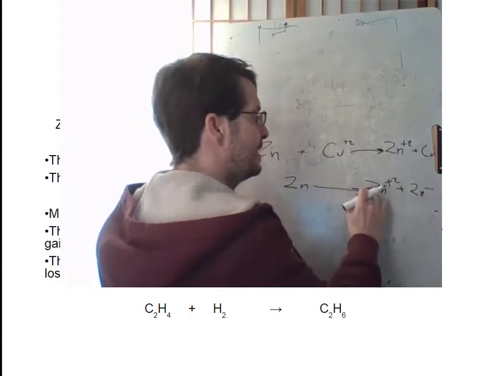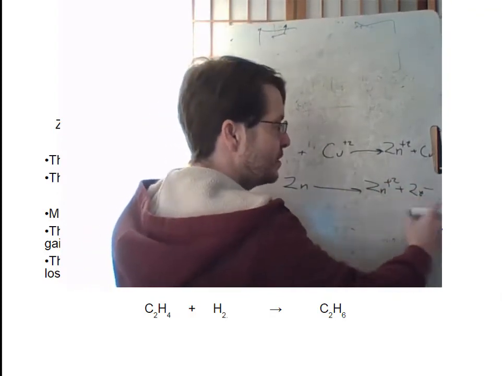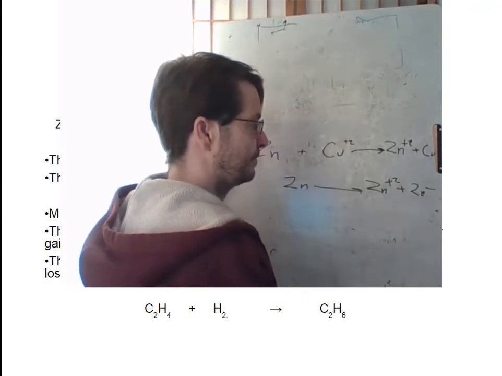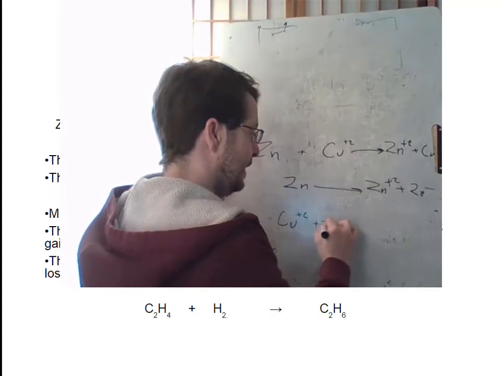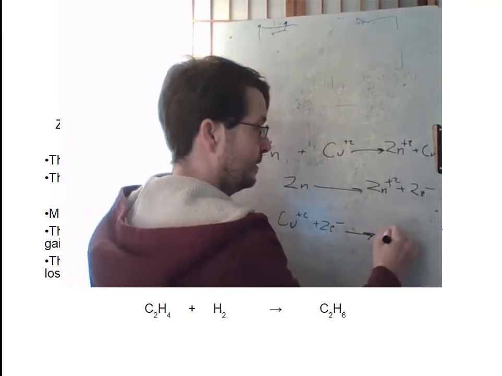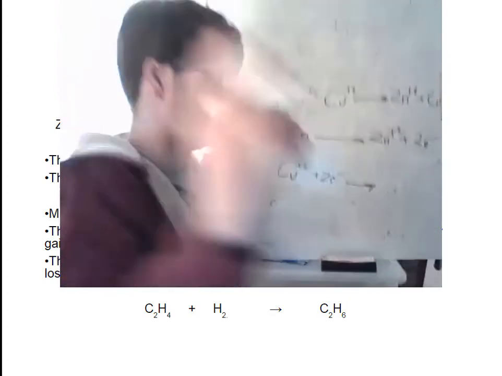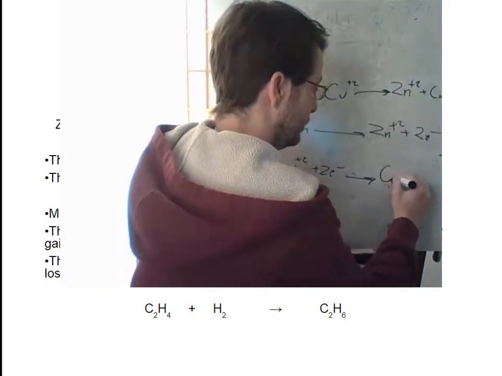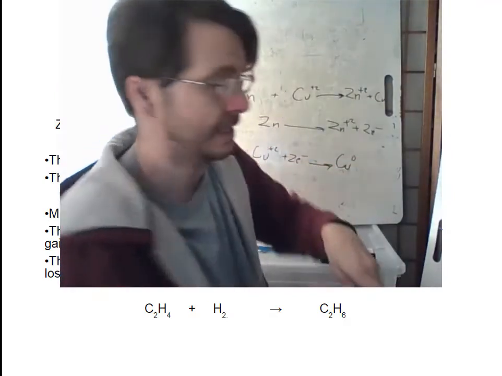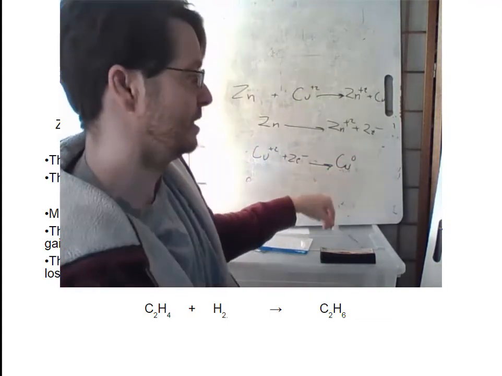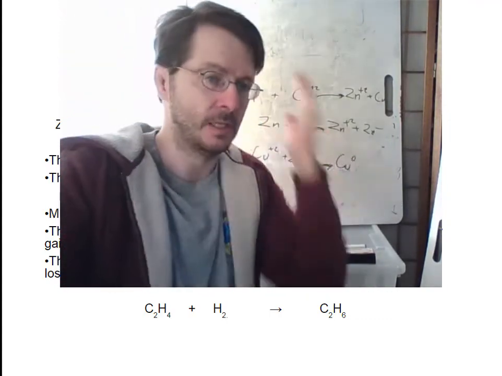Right? The zinc has lost 2 electrons. The copper, on the other hand, copper +2, has gained 2 electrons. And we can write the little 0 there to denote the oxidation number, just for the sake of clarity for us. All right.